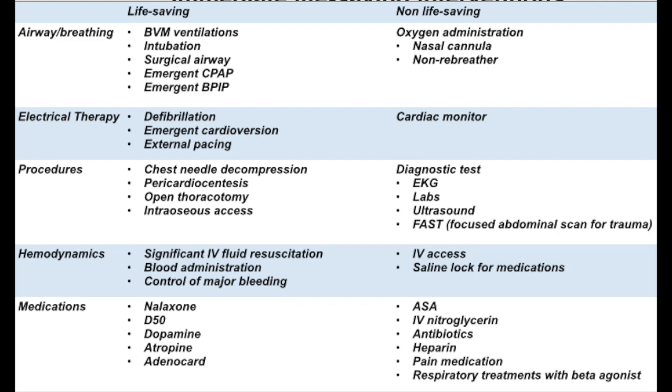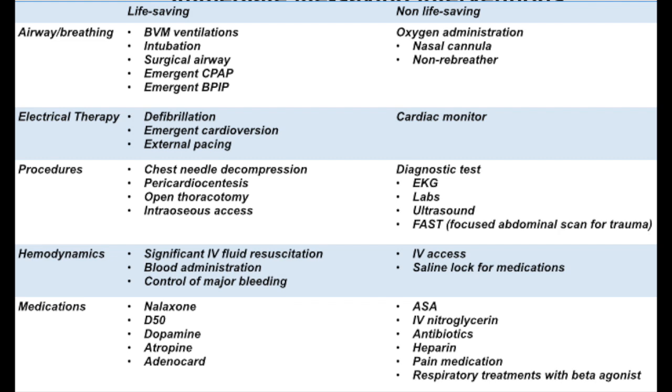If they are hypoglycemic and unstable where they may be unresponsive or have any kind of altered mental status, that is a life-saving measure to give somebody an amp of D50 because the brain cannot function without glucose. So that would be considered a life-saving measure.